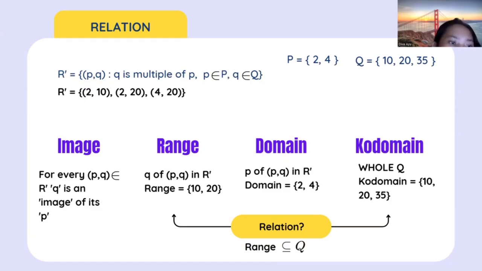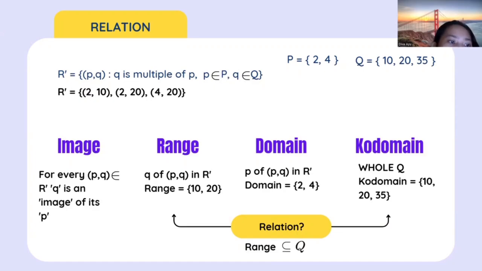The set of p of all ordered pairs (p, q) in set R dash is called the domain. Or we can say that the set of first elements of all the ordered pairs in set R dash is called the domain. So we can say the domain contains the elements 2 and 4.